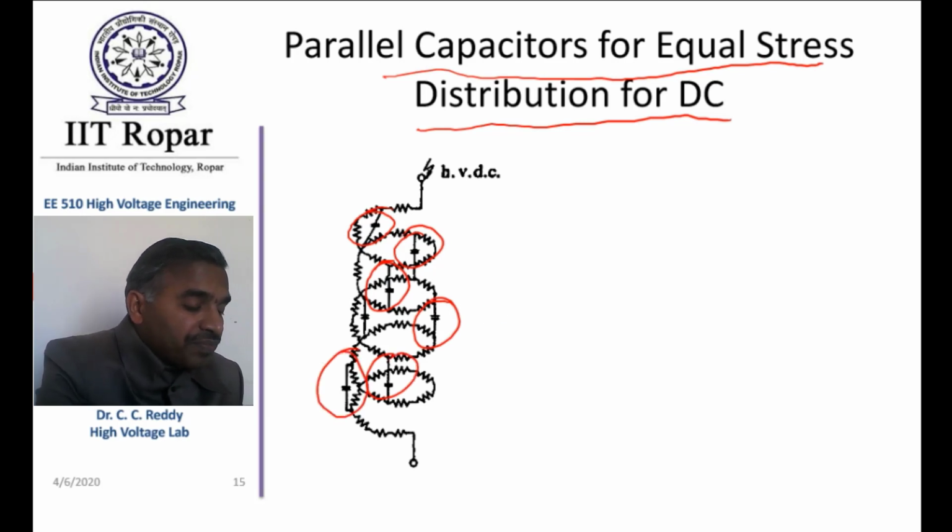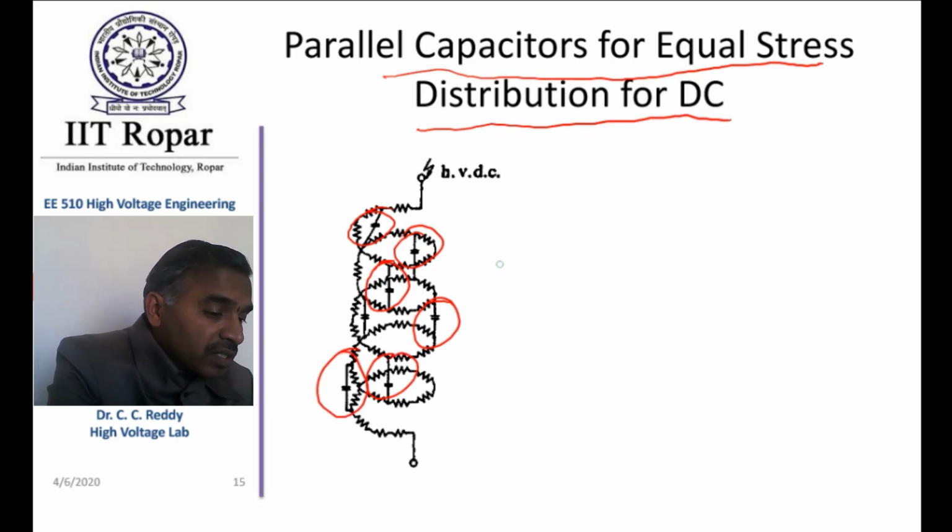And remember, the capacitive impedance should be equal for all capacitances, so that under transient conditions equal distribution will be there. Under transient conditions, equal distribution is expected between the resistors, otherwise resistors may fail. So to obtain this transient equal distribution, these parallel capacitors are connected.